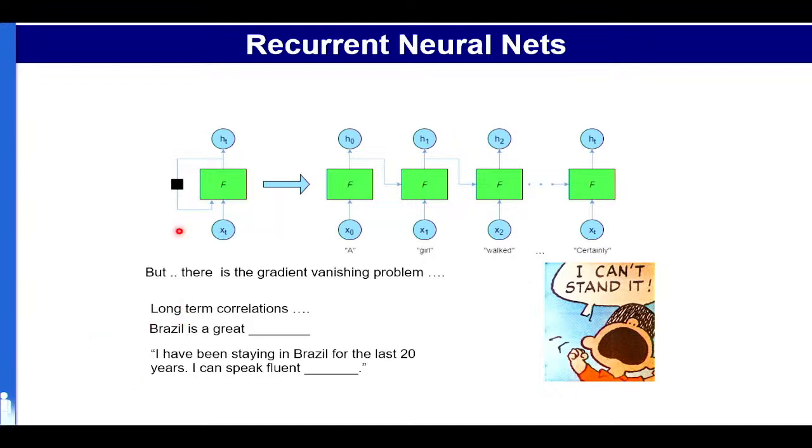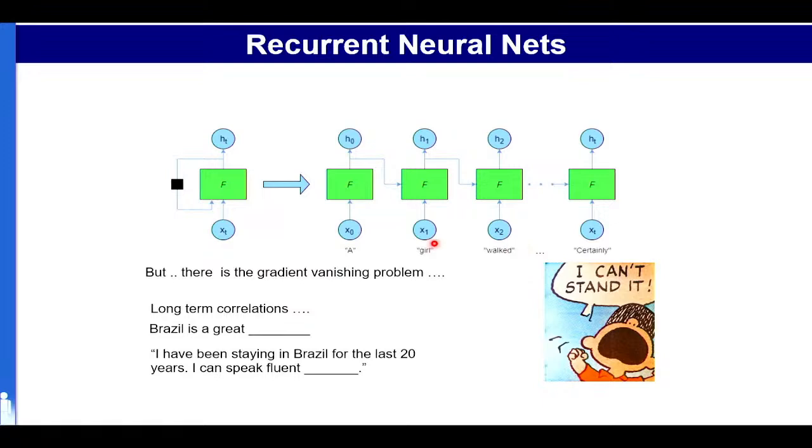Okay, the idea of recurrent neural networks is to have the next output depend on the previous one. That's the idea. So it's recurrent. As you can see, this is done for sequential data, like a sentence, because the next word is related to the previous one, and so on and so forth.